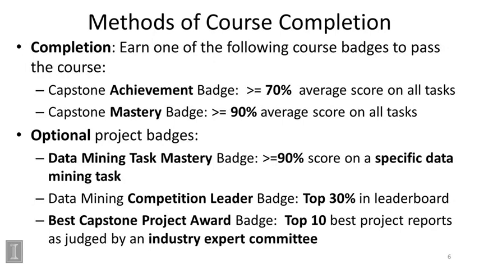If you can do that, then you will get a course achievement badge. Or you can also obtain a mastery badge if you can score 90% or higher in the average score on all the tasks. If you can achieve either of these, then you will be able to pass the course.